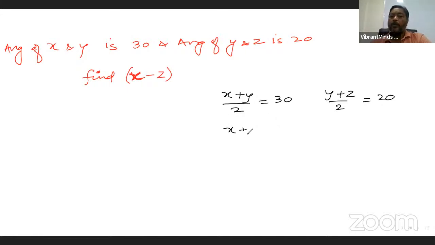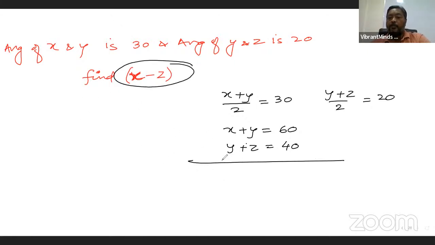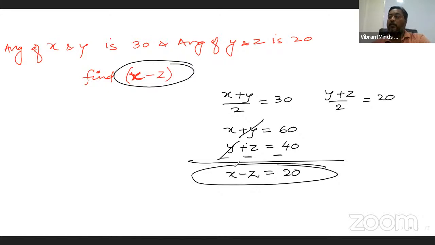Now from here, X plus Y will be 60, and here Y plus Z will be 40. What I have to get is X minus Z, so subtract. The plus Y and minus Y will get cancelled, and we get X minus Z. 60 minus 40 is how much? 20.